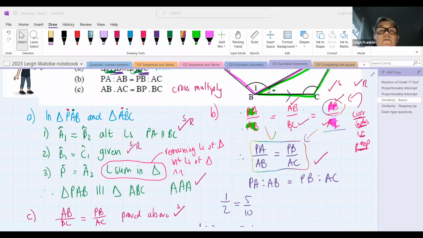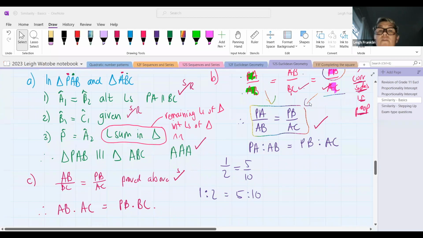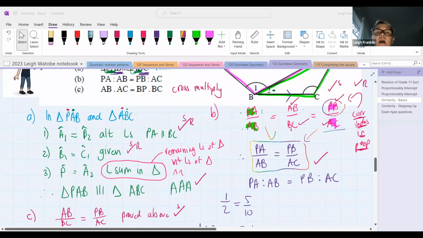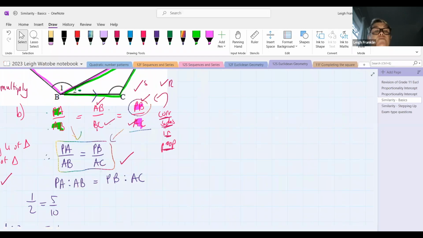Okay, so Sibongile, I've just said proved above. In other words, in part B, I showed that PA over AB is equal to AB over BC was equal to PB over AC. So your reason here is corresponding sides in proportion. Okay, because the triangles are similar, their corresponding sides are in proportion.